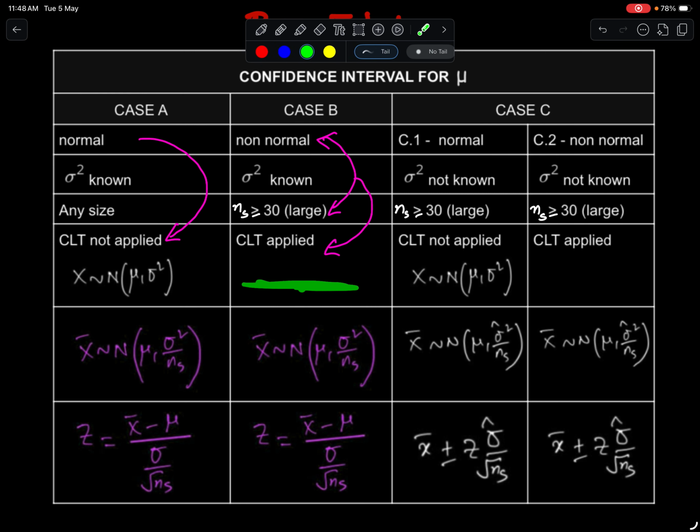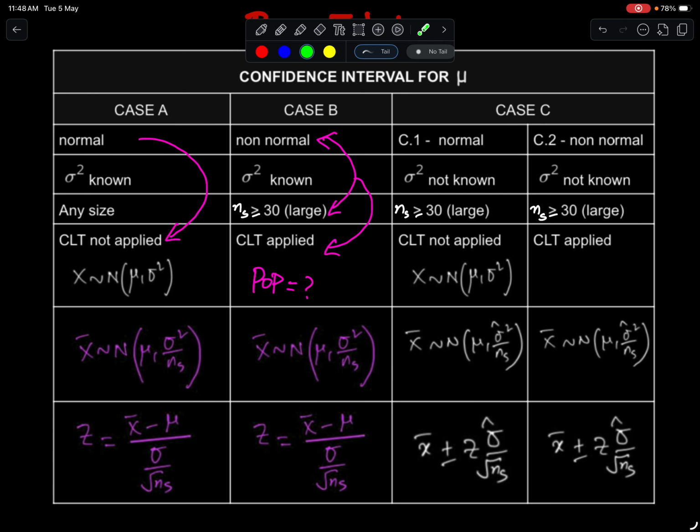This is blank, I left this place because I don't know the population. It's unknown. So because of CLT, X bar is approximately normal. Here X bar is perfectly normal. Here X bar is approximately normal, with mu and sigma square over n. This is because of CLT.